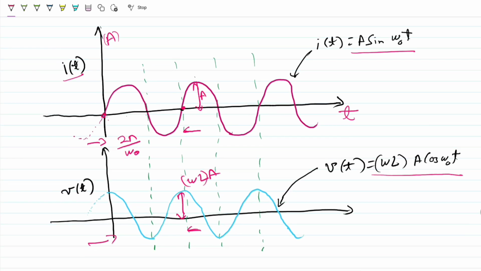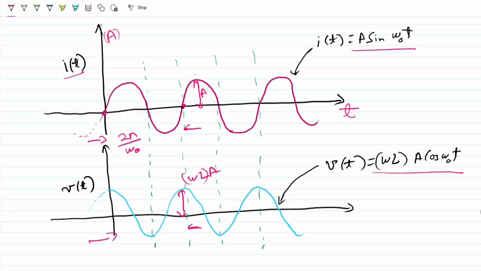An interesting thing to see here is that if you look at the relation between the voltage and the current, the current I of t seems to lag behind V of t. What this means is that when the voltage is at peak, the current is at 0, and then the current reaches a peak after a certain time.